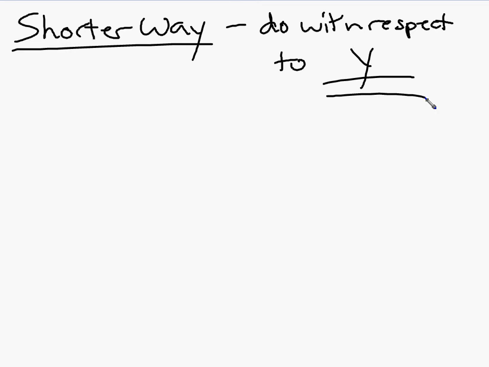Now watch how easy this is. We are going to take both of our functions, y equals the square root of x and y equals x minus 2, and we're going to solve them for x. If I solve them for x, wouldn't I square both sides here?